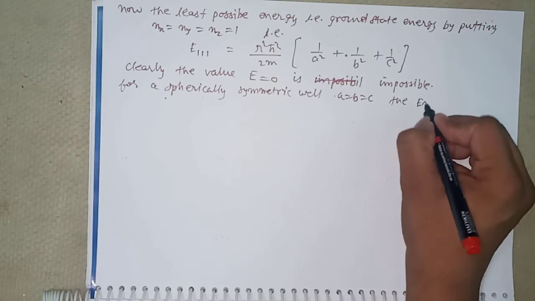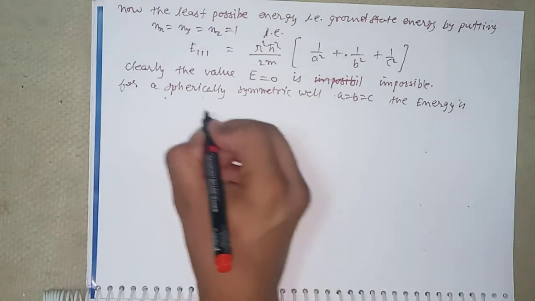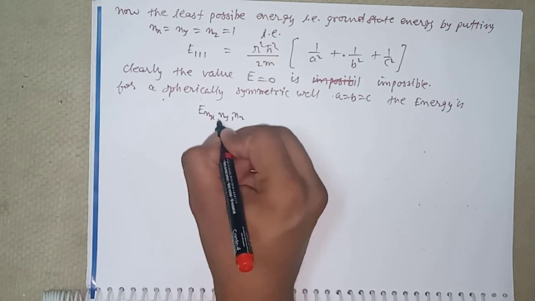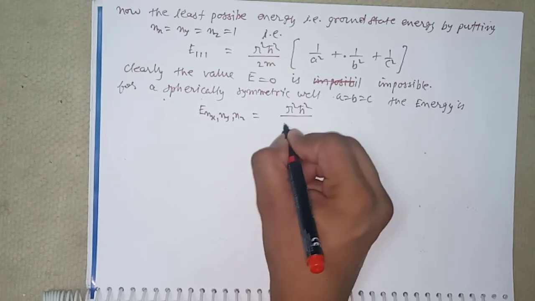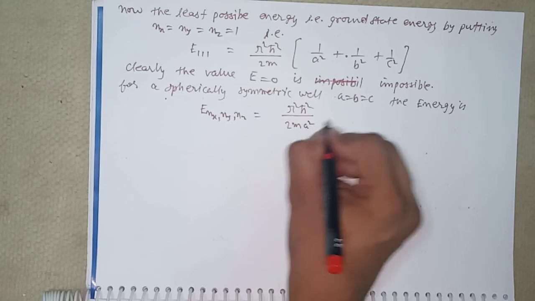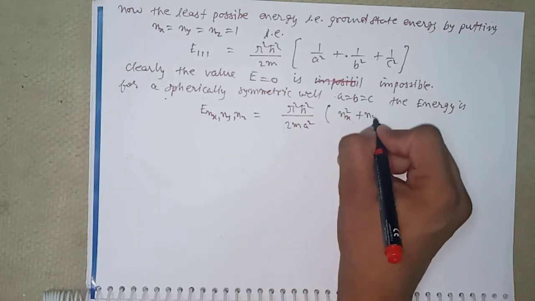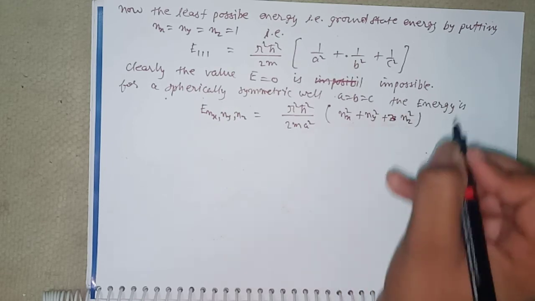The energy E nx ny nz is equal to pi square h cut square upon 2m a square bracket nx square plus ny square plus nz square bracket.